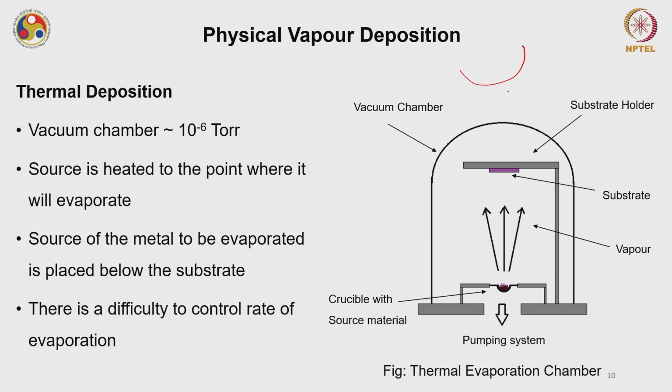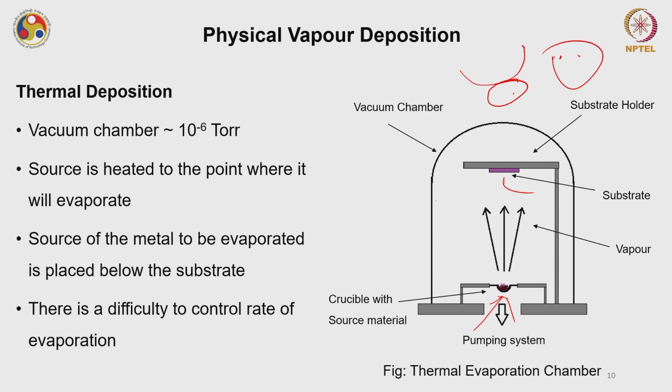It is usually stuck with something, and if you want to do patterning at the same time, you may need some shadow mask which will have some physical pattern. So you put your substrate hanging like this, and your metal source is put in a small bucket over here, which we call a crucible.